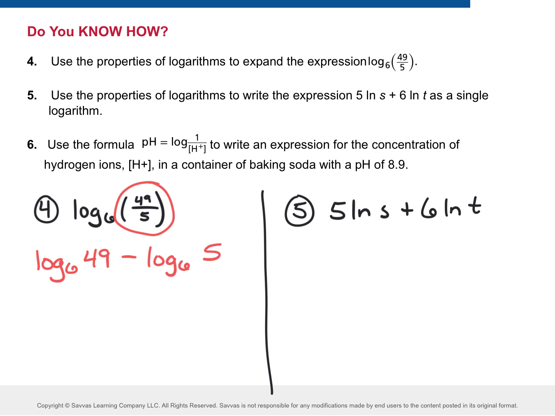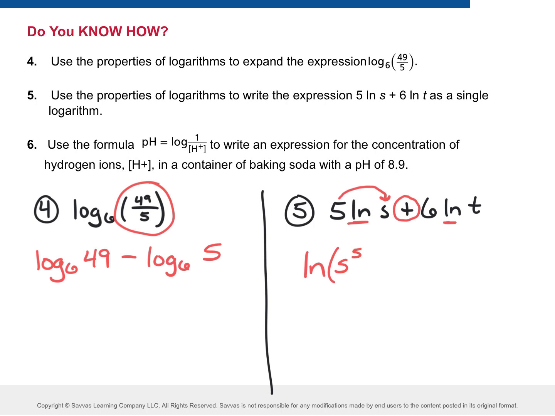Okay? What about number 5? We want to condense this time. Yep, we keep that natural log. So we have natural log. Yes, we have addition, right? What does that mean? It's going to go into multiplication. So what's my first term? Where does that fifth come from? Yep, remember the number in front turns into an exponent. So we have natural log of s to the 5th. Careful.